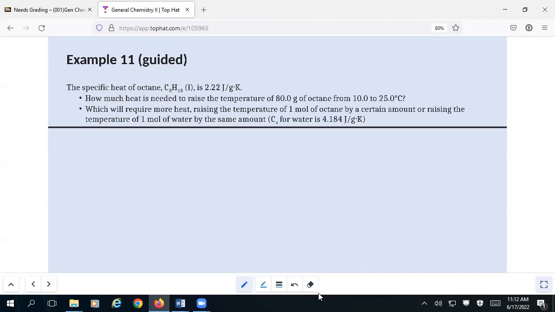So me going from 0 degrees Celsius to 20 degrees Celsius, will that be from 273 to 293? The answer is 20 degrees either way. So if you see that Kelvin term in the specific heat, don't worry about it.